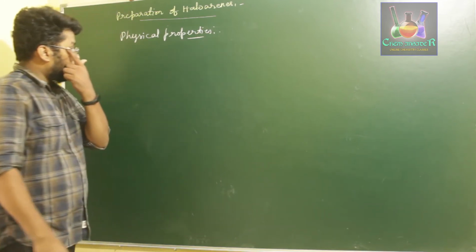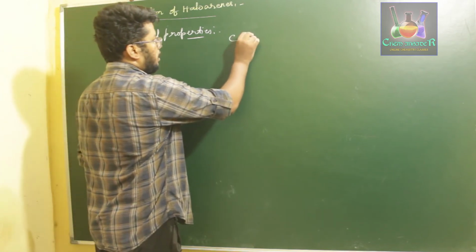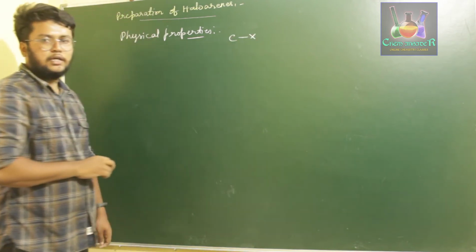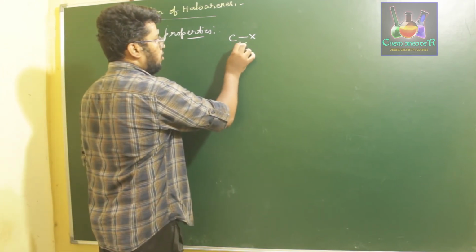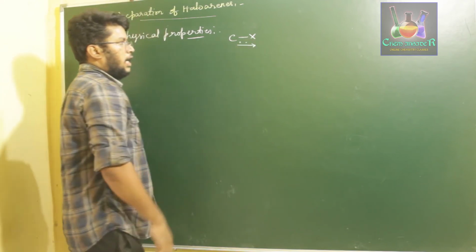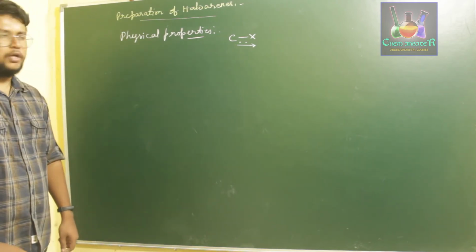That is, the C-X bond is completely polar in nature. That means the electrons present in the bond are directed towards the halogen atom. Hence, the carbon and halogen bond is highly polar.